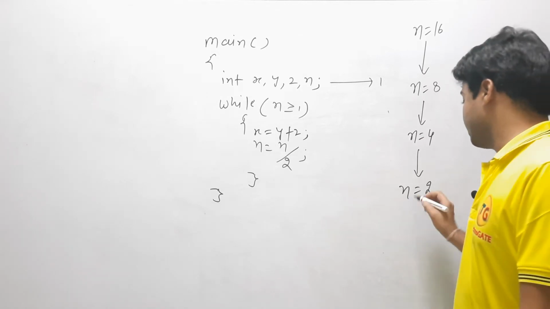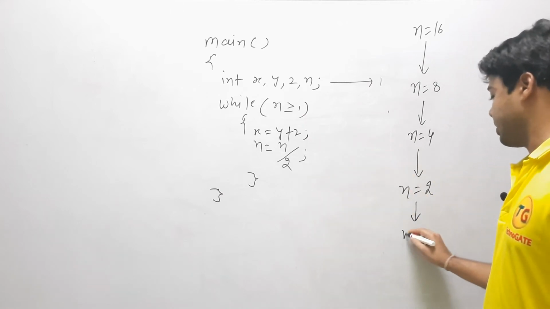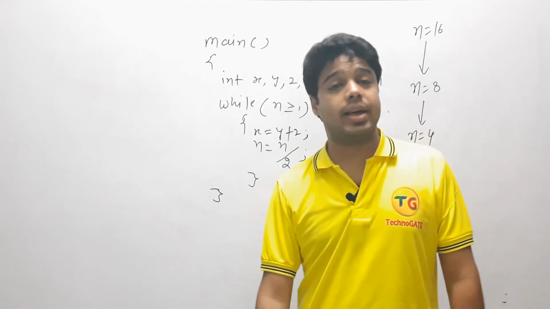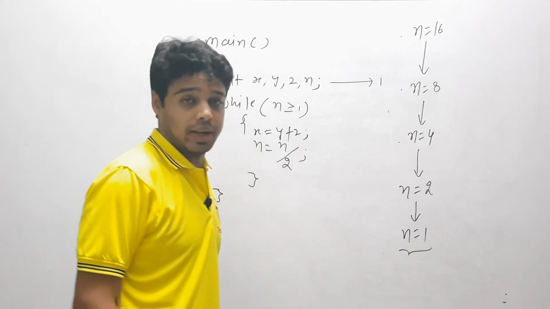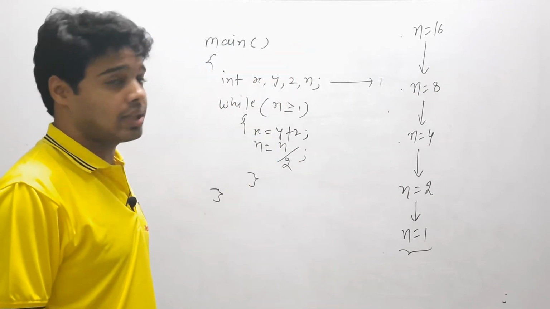And now 2 by 2, n becomes 1, then it will execute. So how many times will it execute? Here 1, 2, 3 and 4 times it will execute. So n value is 16, and it executes only 4 times.